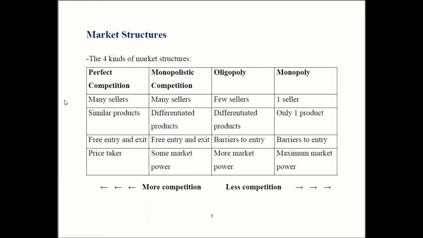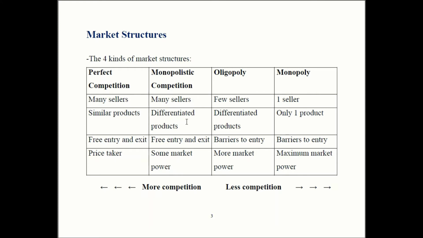So other differences between these market structures: if there's perfect competition, all the firms here are selling things that are really similar to each other. In the other kinds of markets, the products are different. One common example of monopolistic competition is restaurants.